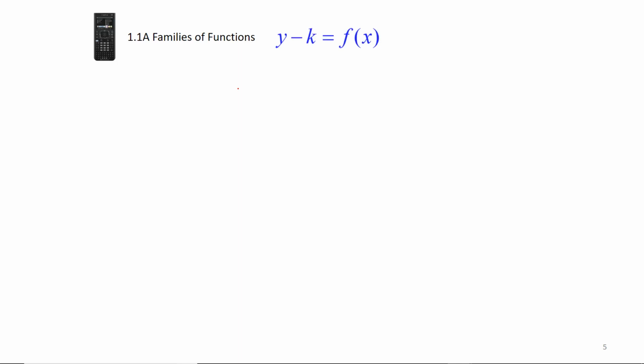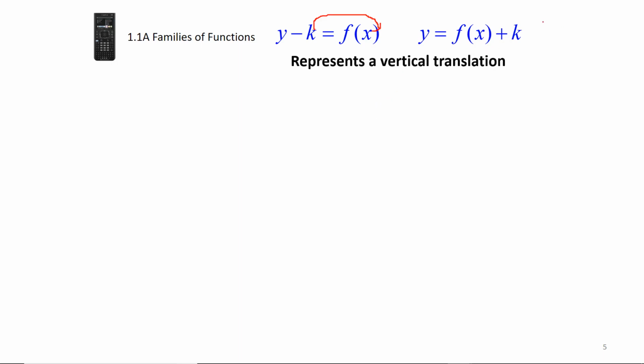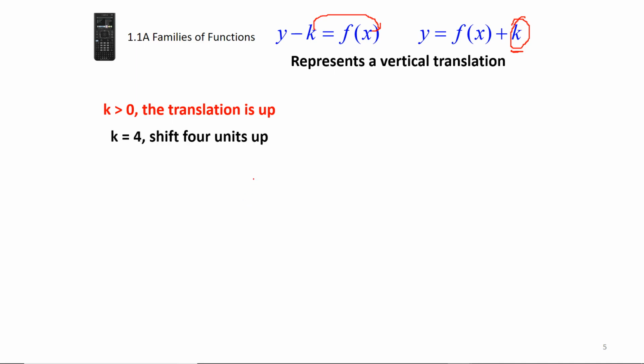So there are families of functions like y minus k equal to f(x). Take k this side, you get y equal to f(x) plus k. This represents the vertical translation. If k is greater than 0, the translation is up. If k equals 4, for example, it is positive, so we are shifting 4 units up.